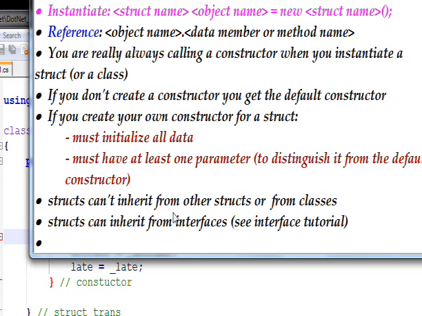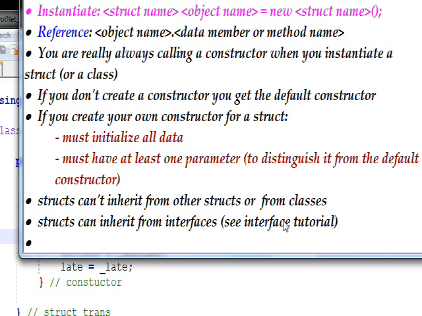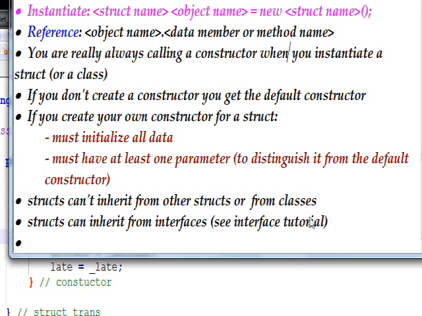Structs can inherit from other structs or from classes, and structs can inherit from interfaces. So you might check out the interface tutorial if you want to learn more about that.